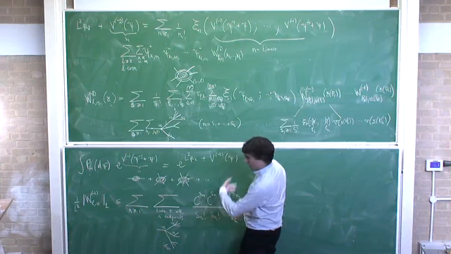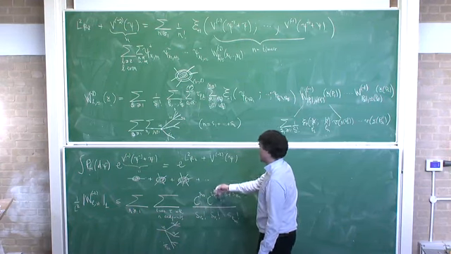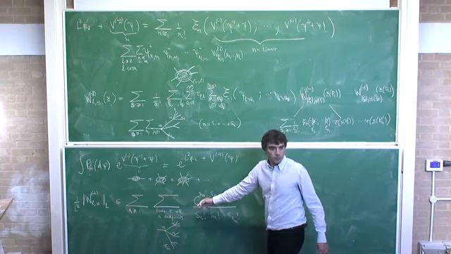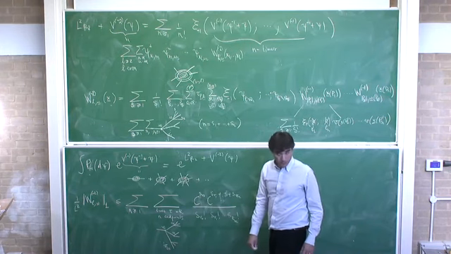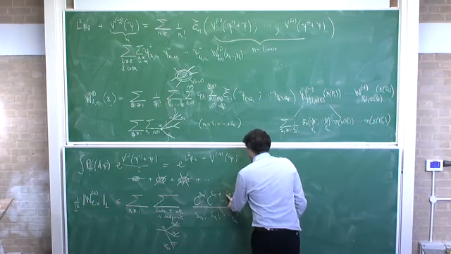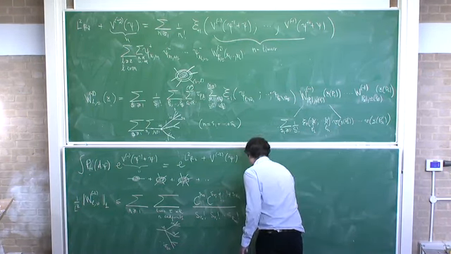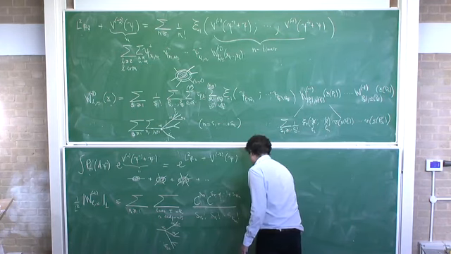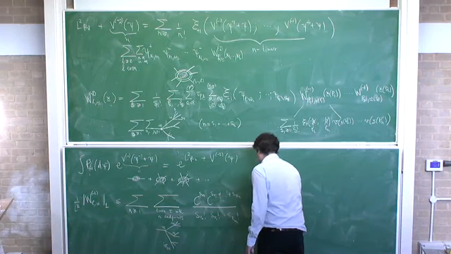It's just the number of lines exiting. Then you have some constants to the power of this number of branching. Then for each vertex I have a spanning tree.